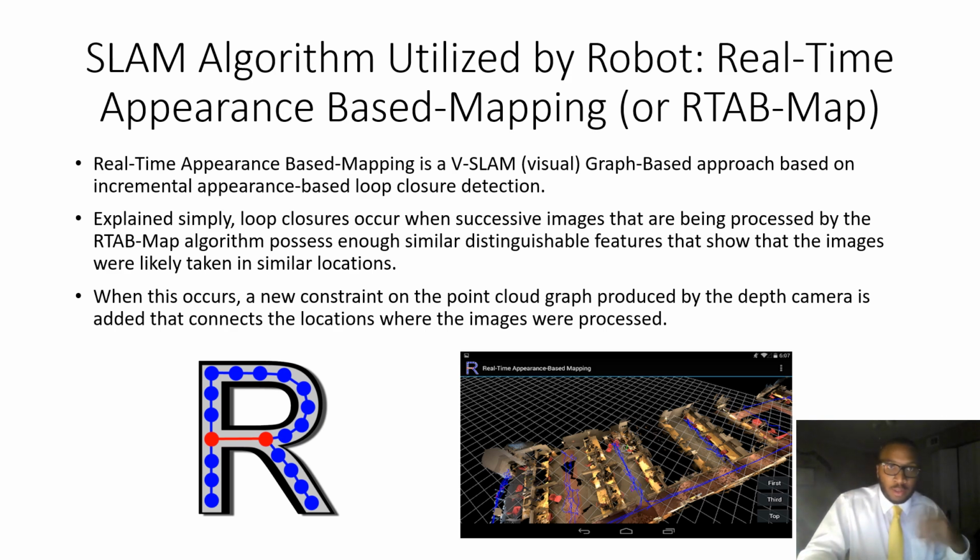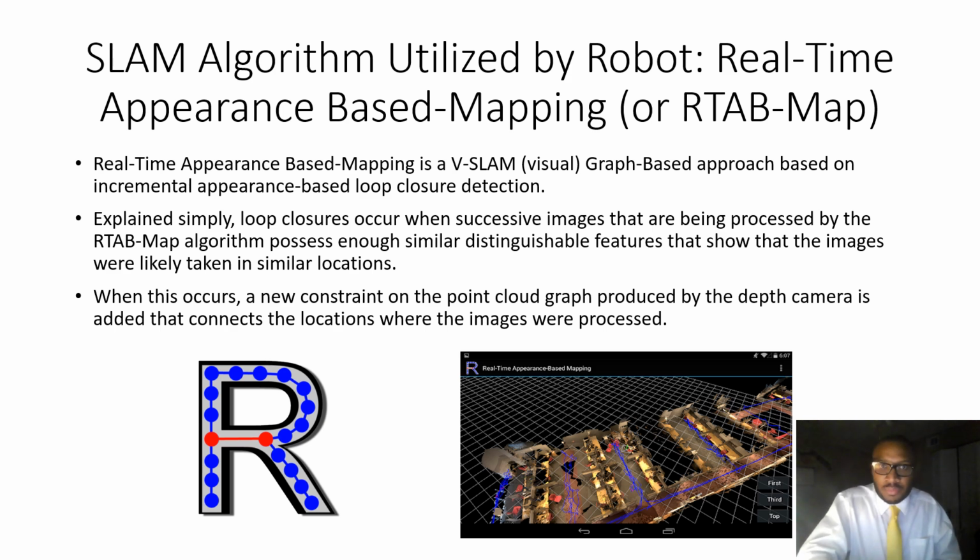And we could look at another image in the future, and it may also possess some of those same distinguishable features. And essentially what this loop closure algorithm is going to be able to do is look at both of those images and say, wait a second, both of these images have a lot of the same distinguishable features. And so it's going to make up the hypothesis that they're within the same location. And then from there, once that hypothesis is accepted, a map constraint is added and these locations are essentially combined with each other.